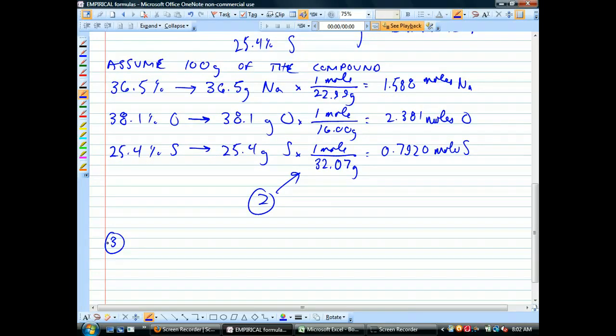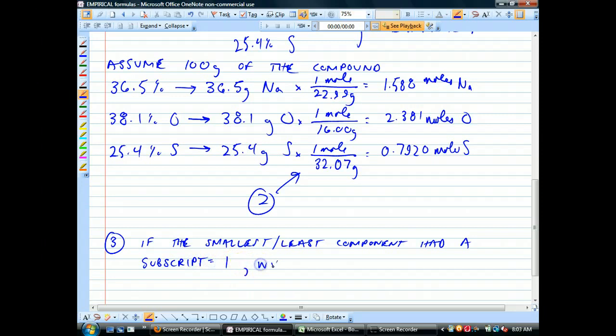Basically what we're doing in step 3 is asking this question: if the smallest component, or the least component, of the compound had a subscript of 1, what would the others be?